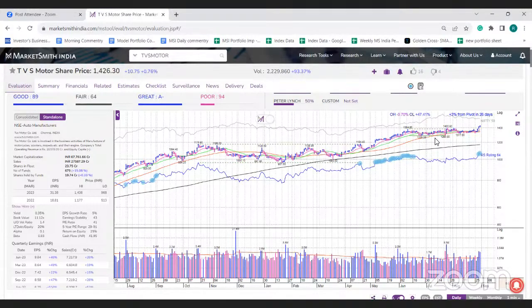The RS rating is also very good when you compare with Maruti's 40. This stock has 60, but the positive sign is that the RS line has formed a blue dot, indicating a fresh rally about to happen, and the RS line is hitting new highs. So a positive side on the technicals.